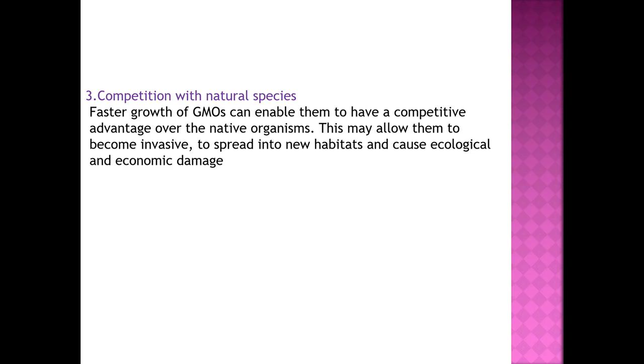If you have introduced a stress resistant gene and we introduce that variety into the field, as it can overcome the stress present in the environment, it can compete with the natural species present in nature for food or nutrients, and it will grow very invasively or luxuriantly. It will grow by absorbing the nutrients present in the soil, and it may inhibit the growth of other necessary plants or natural species present in nature, because of which we may lose some of the important varieties present in the soil.